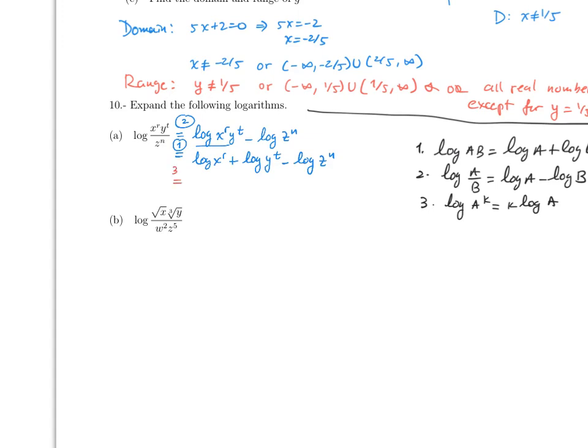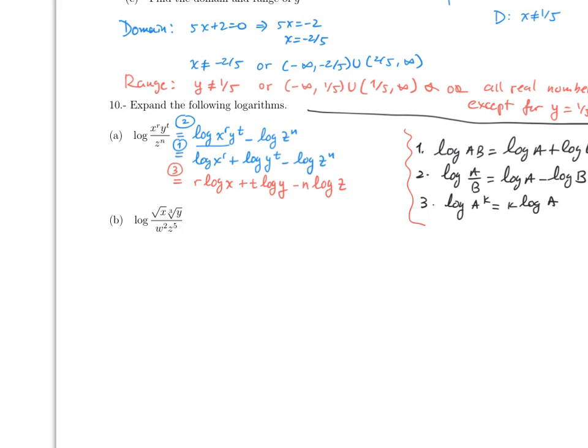And then by property 3, this equals r log of x plus t log of y minus n log of z.